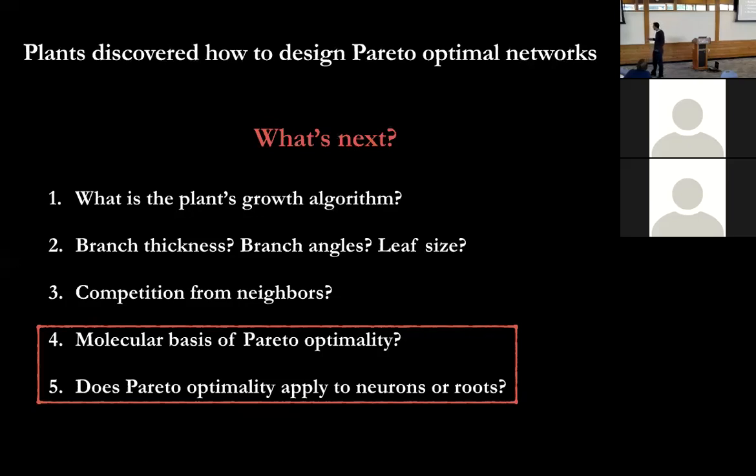So we're excited about that. And then I want to tell you about two things in a little more detail: trying to get more at the genetics of how this might be happening, and then stepping back and looking more broadly at where else this principle might be applying, both in roots, and then I'll talk a little bit about neurons as well.